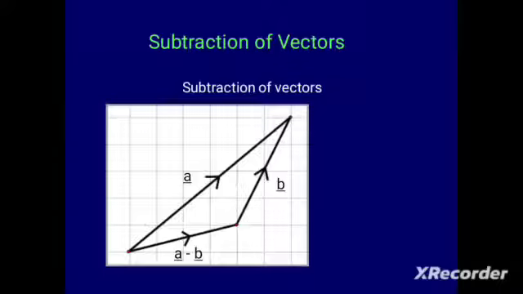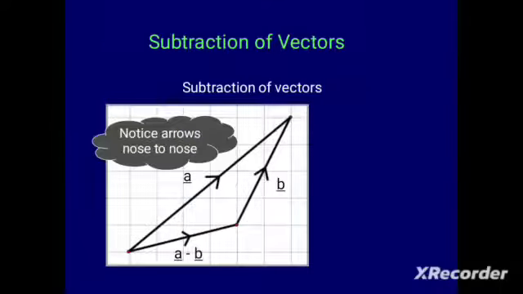We have vector A and vector B, which were joined together to get a vector. Here the subtraction took place. So we have vector A minus vector B. Of course, the arrows are moving nose to nose.